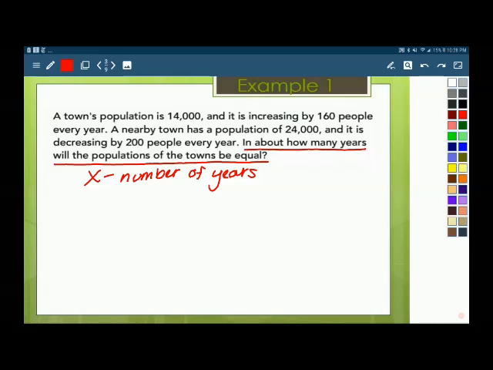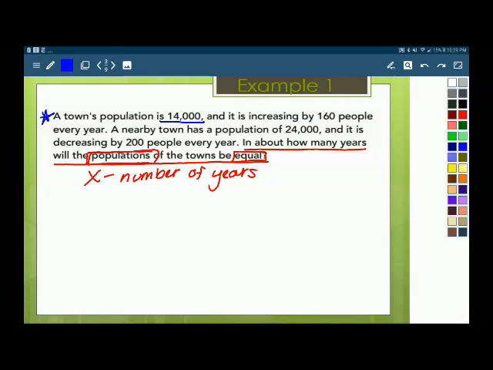What we also need to make sure we lay out is what each side of the equation will represent. What two things are we setting equal to each other? Well, it says in about how many years will the populations of the towns be equal? Okay, so we're comparing the two populations of the towns. So we'll say it starts out with a town's population is 14,000.